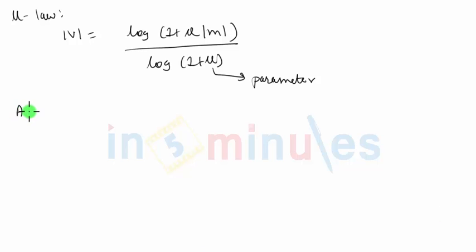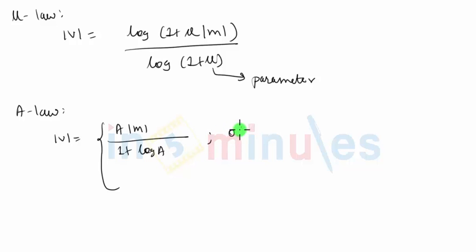Similarly, the second compander is called A law. In case of A law, the normalized output is defined with respect to two different definitions. In the first part, the output level should be A|M| upon (1 plus log A). This is valid when the normalized input signal is between 0 and 1/A, that means when it is taking small values.